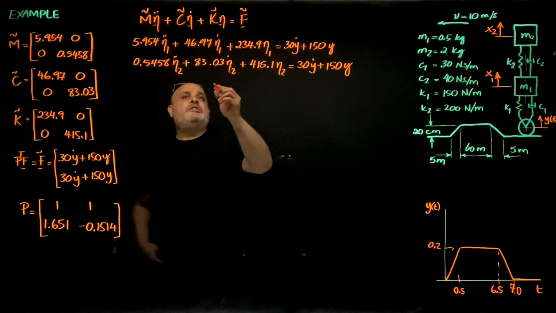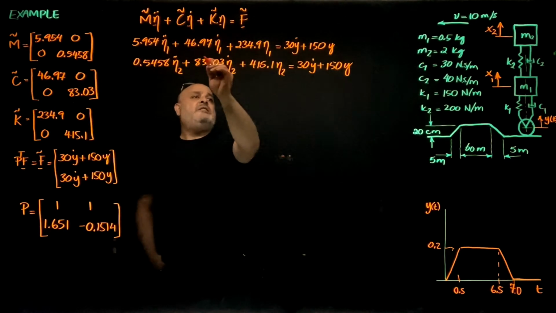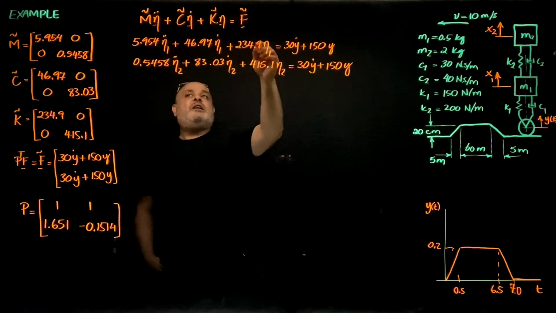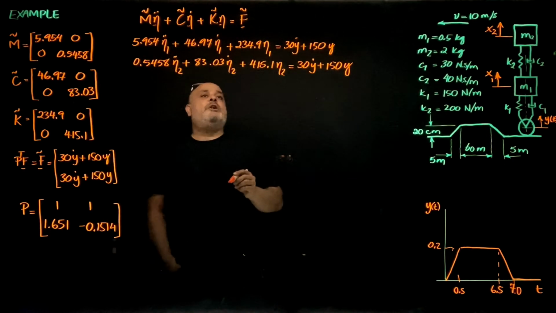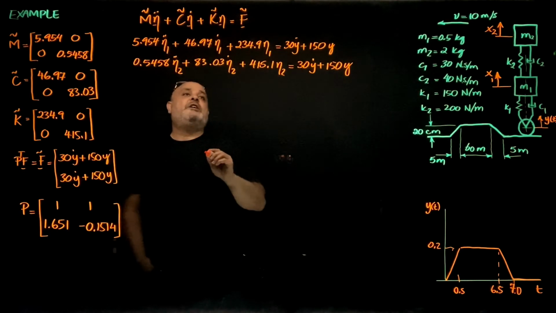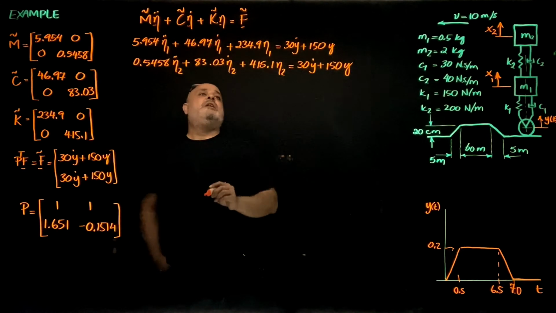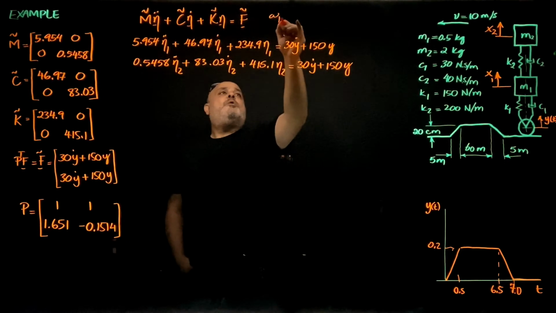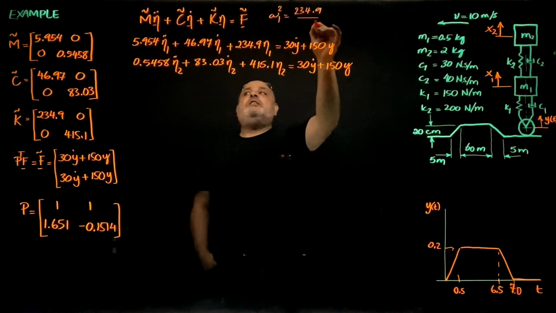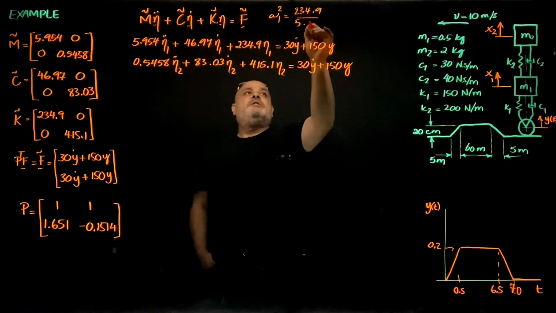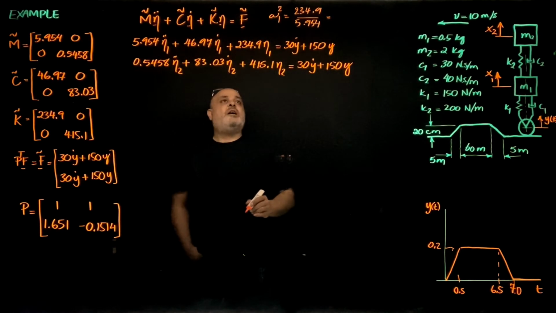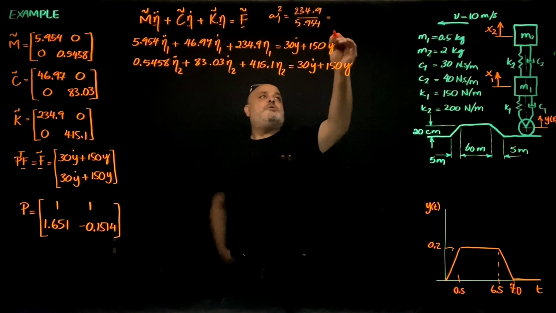Now I can also determine the frequency and damping ratio of each mode. For example, here we can divide k by m to get omega squared, and then divide c by m to get 2 zeta omega n, and I can determine zeta 1 and zeta 2. Omega 1 squared is 234.9 divided by 5.954, and that's going to be actually the first eigenvalue, which was 39 something.